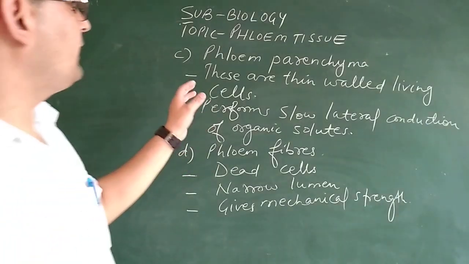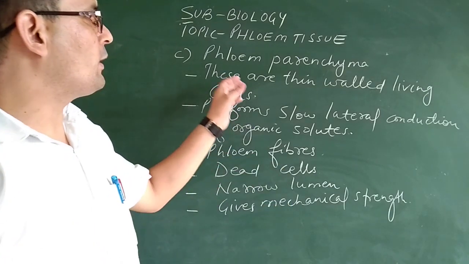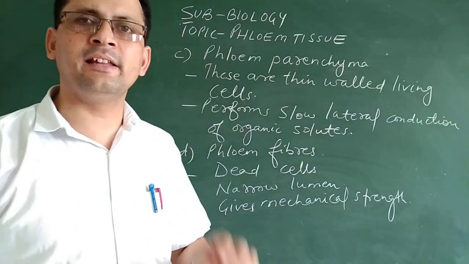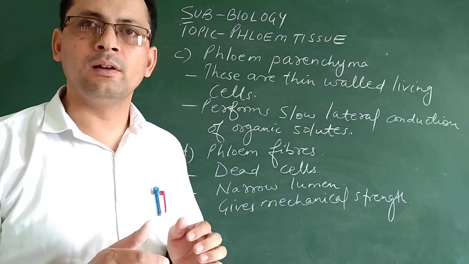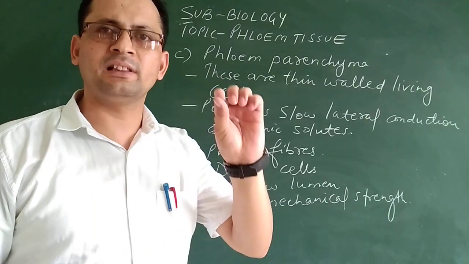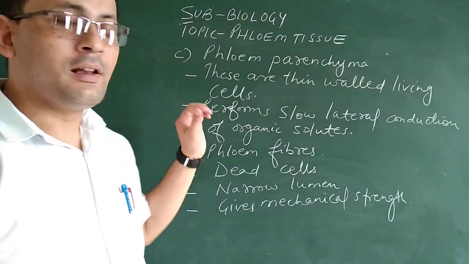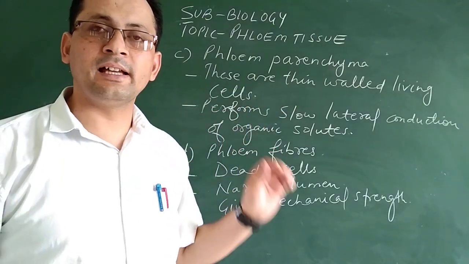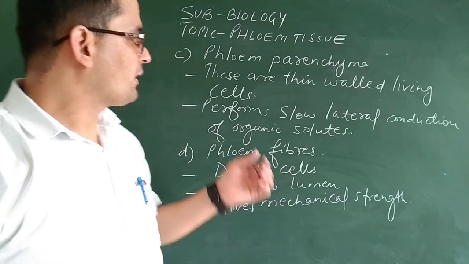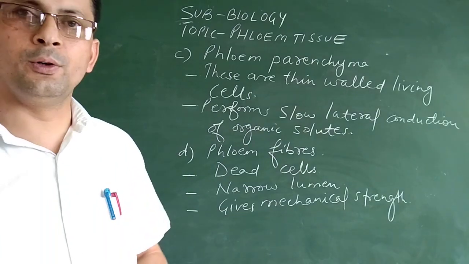Now you can see the third cell is phloem parenchyma, and these phloem parenchyma cells are thin walled. The wall of the parenchyma cells is thin, and they are living cells. They perform slow lateral conduction of organic solutes.